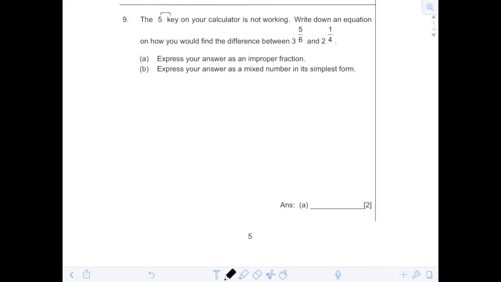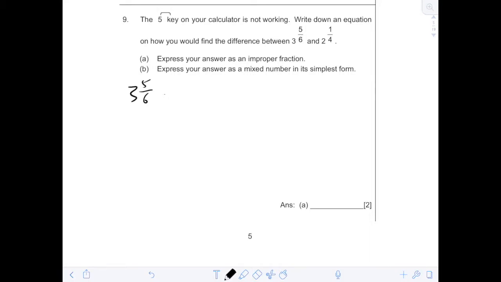By using your knowledge of changing fractions into something bigger or smaller, you can get rid of the 5 by changing it to another number. So this 3 and 5 over 6, the problem will be the 5 over 6. Originally you got 3 and 5 over 6.